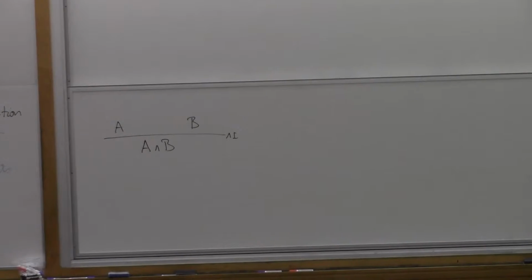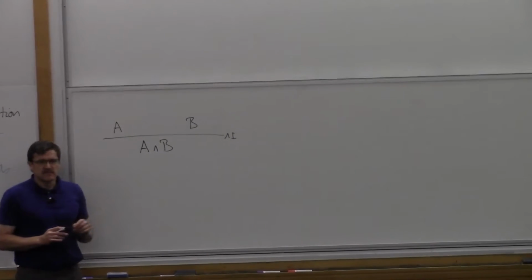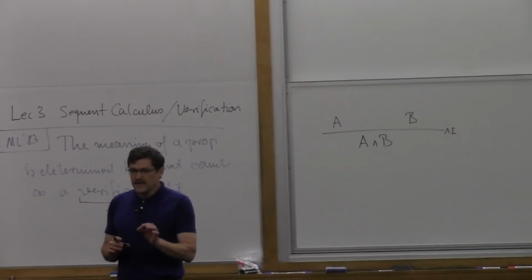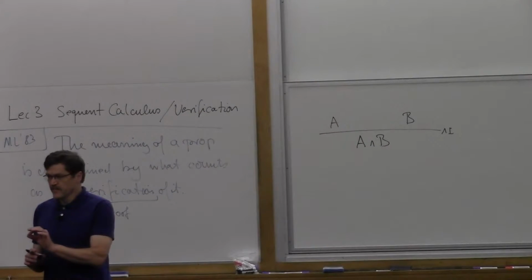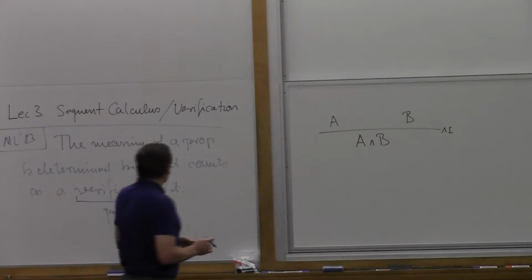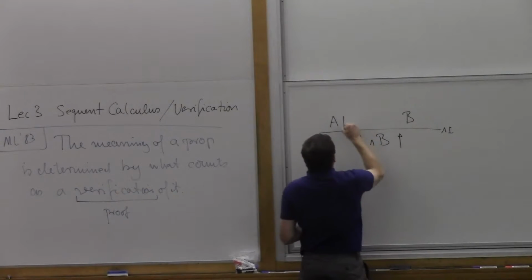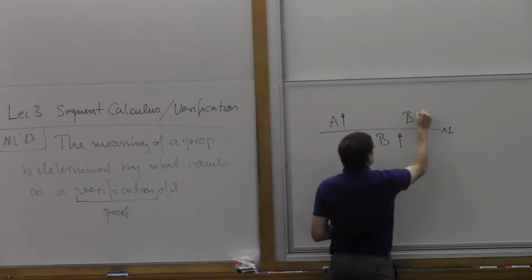So now the notion of a verification, which is a restriction of the notion of a proof, is going to force this decomposition. A verification of A and B is going to consist of a verification of A and a verification of B. I'm going to write verifications by up arrows. This is a new judgment about propositions.